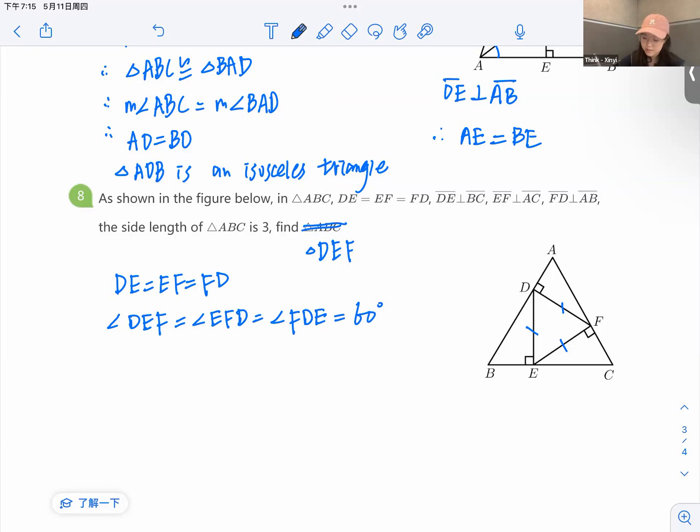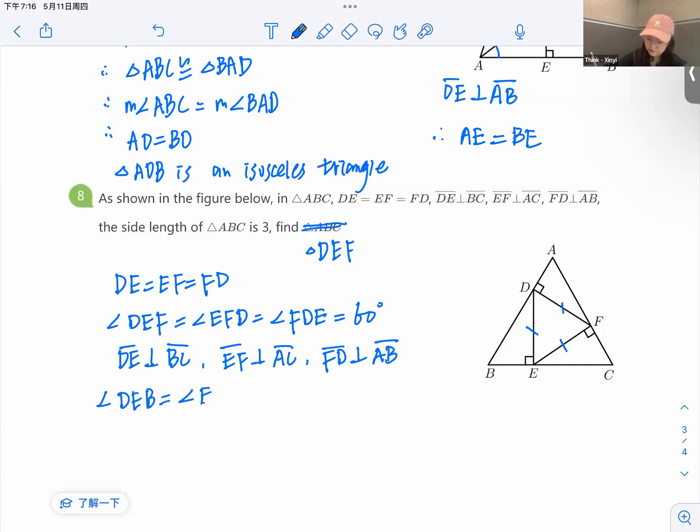And also, as we have DE perpendicular to BC, EF perpendicular to AC, FD perpendicular to AB, we can have angle DEB equals to angle EFC equals to angle FDA equals to 90 degrees.